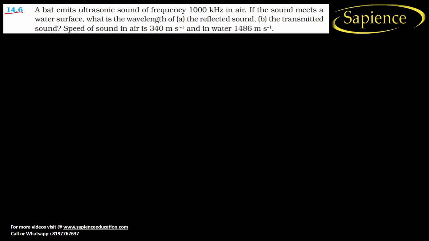Now we will do question number 14.6. In 14.6, a bat emits an ultrasonic sound of 1000 kilohertz. If the sound meets a water surface, what will be the wavelength of the reflected sound and the transmitted sound?